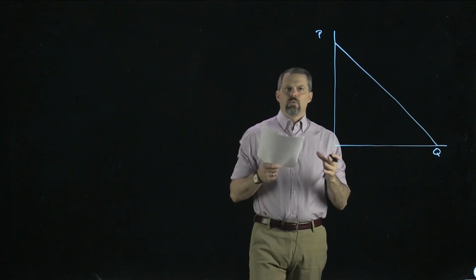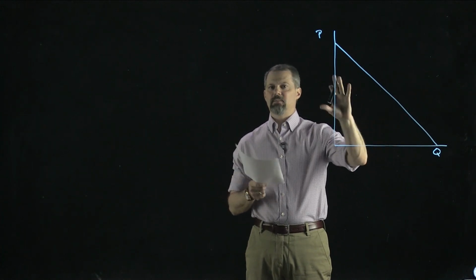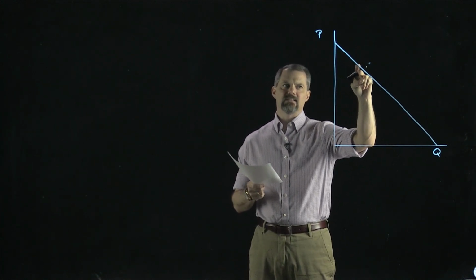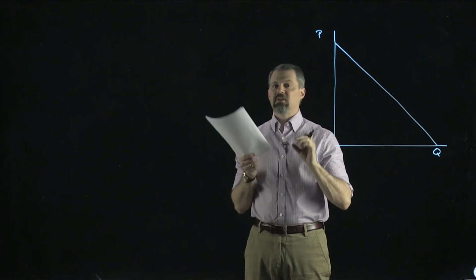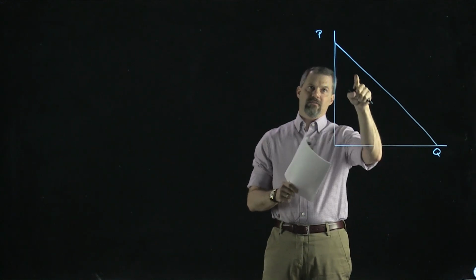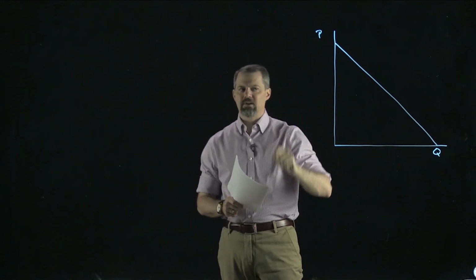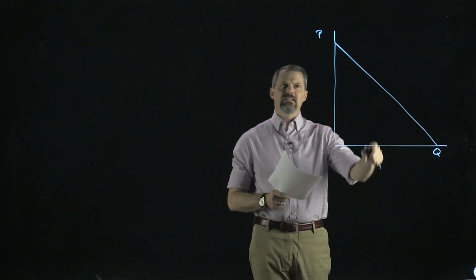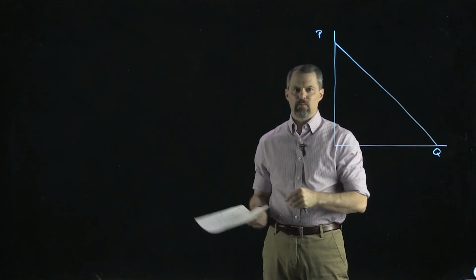If you were to draw a linear demand curve or come up with a functional form for a linear demand curve and then calculate the elasticity at different points along this demand curve, remember the slope of the demand curve, you'd need to find the slope of this inverse demand curve and flip that over to get the slope of the demand curve. But you could easily calculate the elasticity at different points just using the formula that we had.